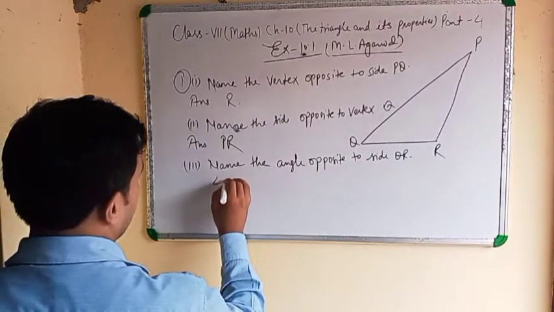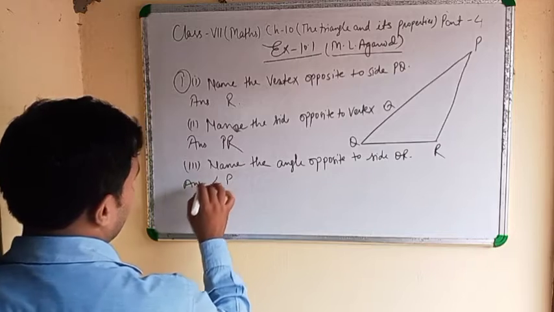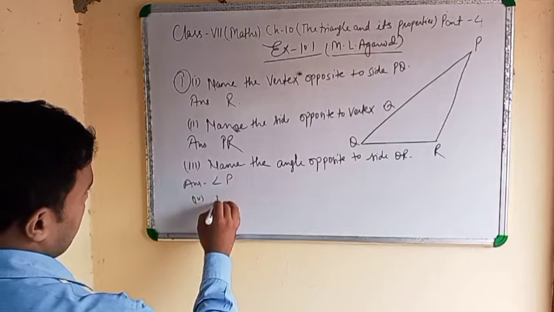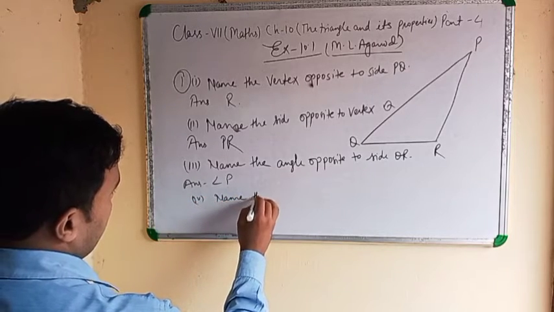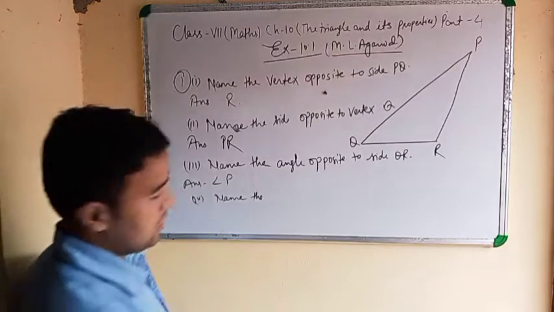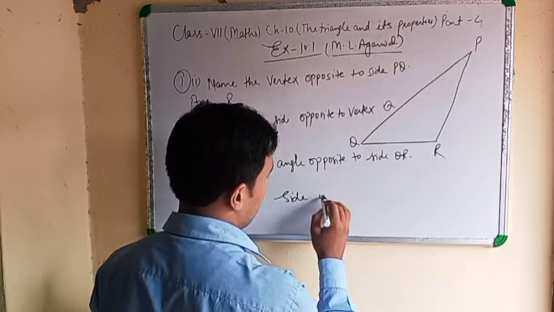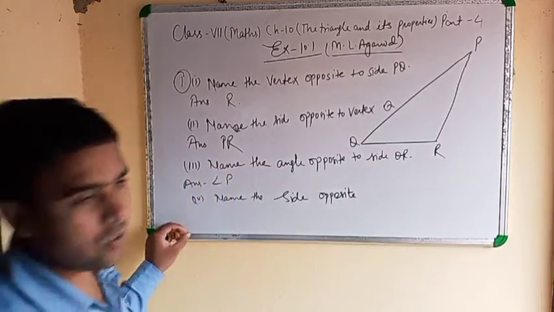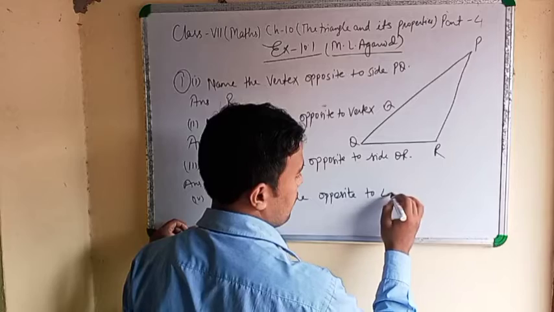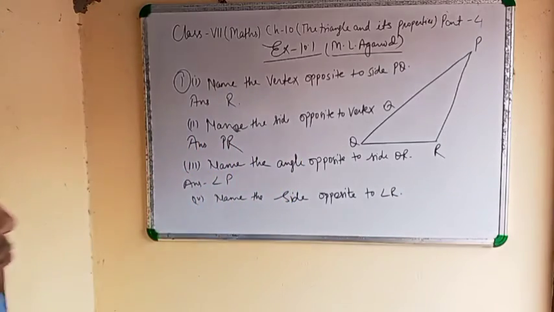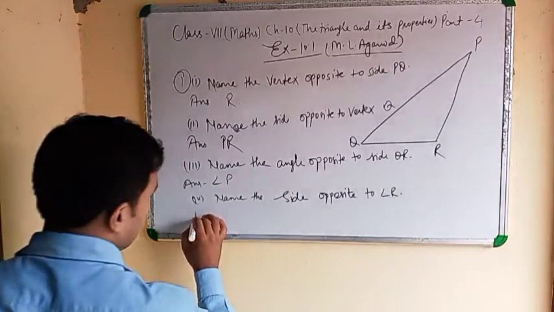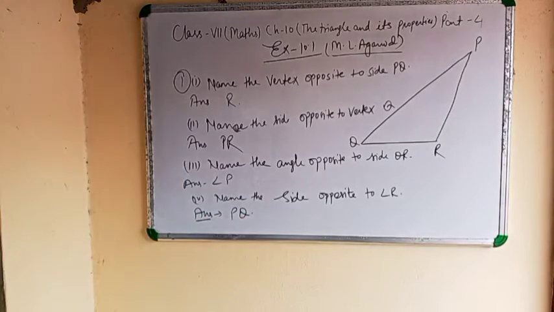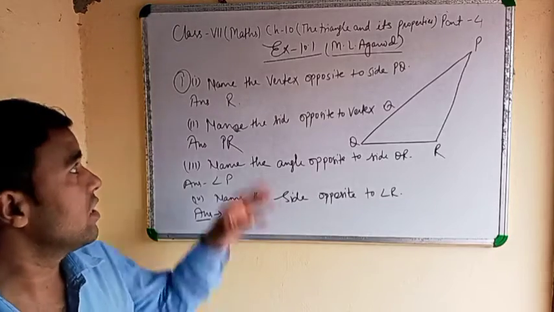Angle P. The answer is angle P. The fourth one is: name the side opposite to angle R. To angle R the opposite side is PQ. PQ is the opposite side of angle R, clear.